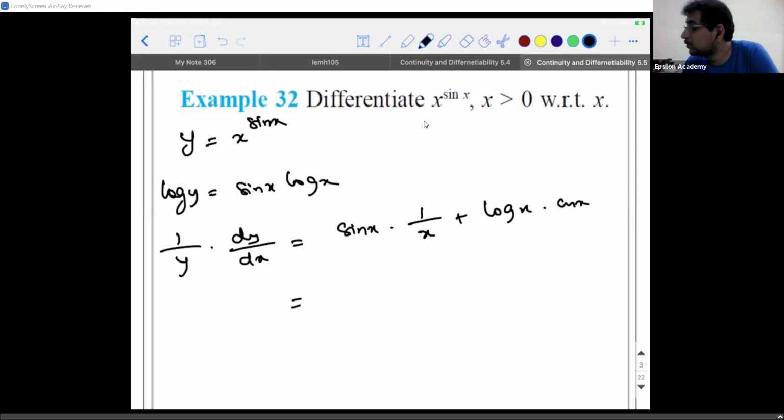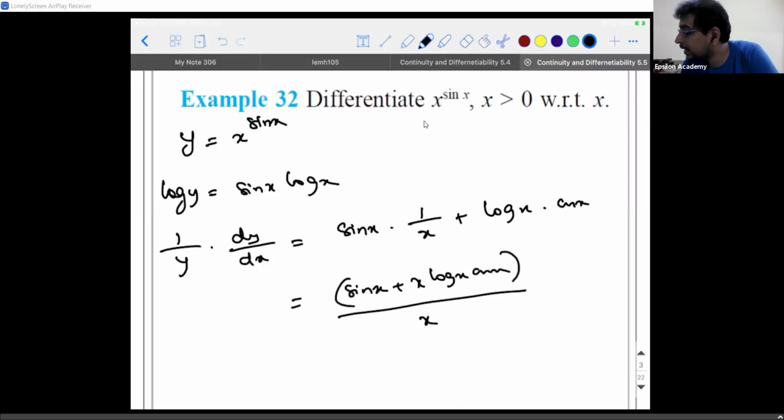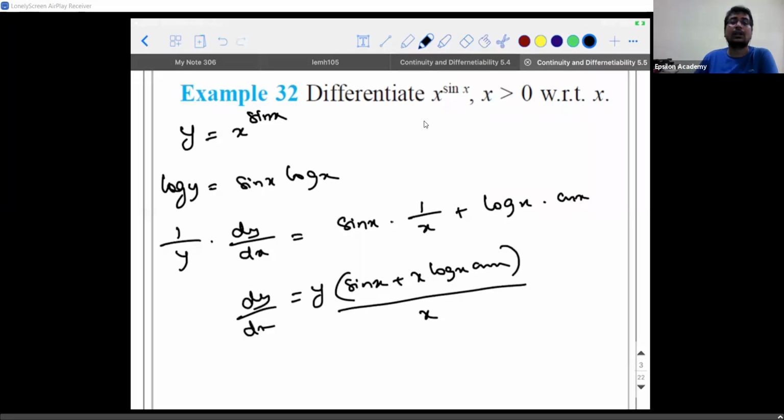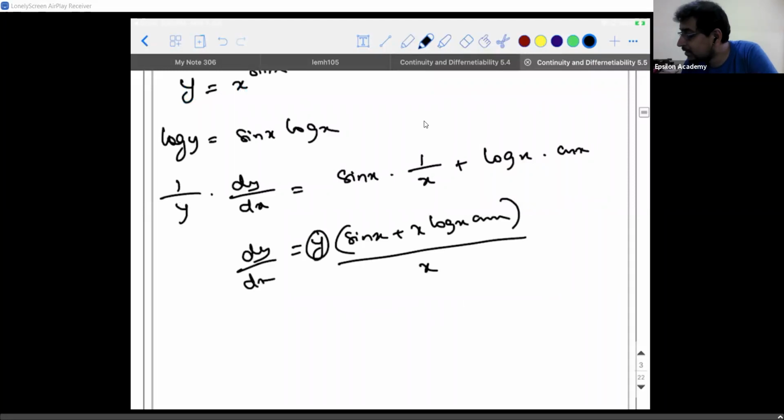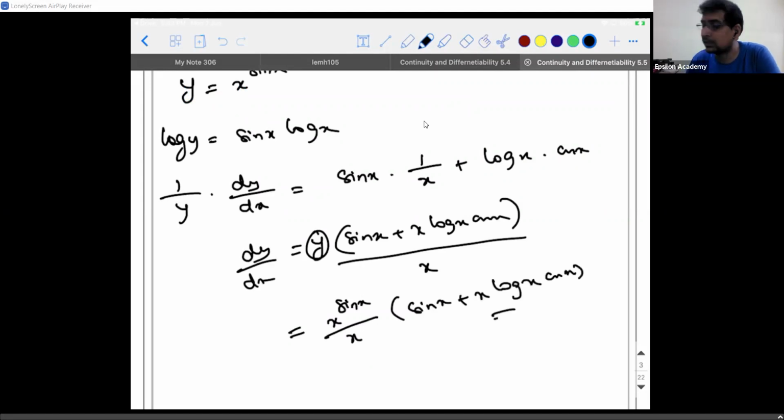If I take the LCM and solve it, I will get sin x plus x log x into cos x, the whole divided by x, multiplied with y is dy by dx. But what is y? x power sin x. So dy by dx is x power sin x divided by x, into sin x plus x log x into cos x. This is the final answer.